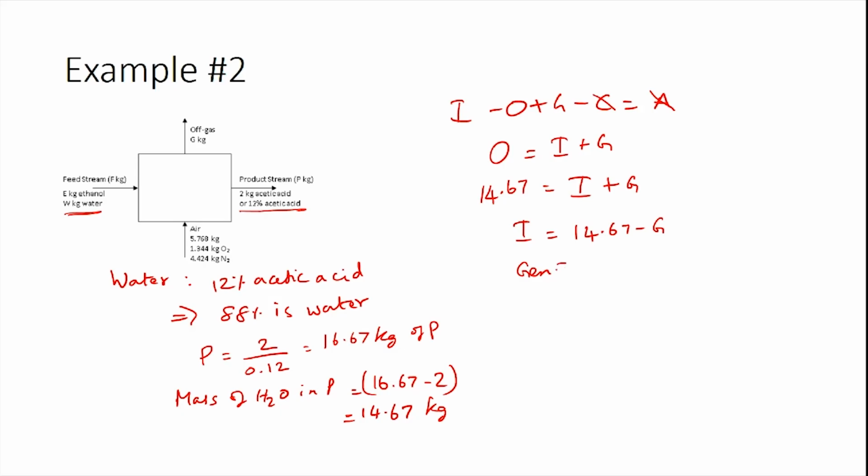What is the amount of water which would be generated? If you looked at the stoichiometry, you would have seen that for every mole of acetic acid produced, 1 mole of water is also produced, which means generation of water will be equal to generation of acetic acid.